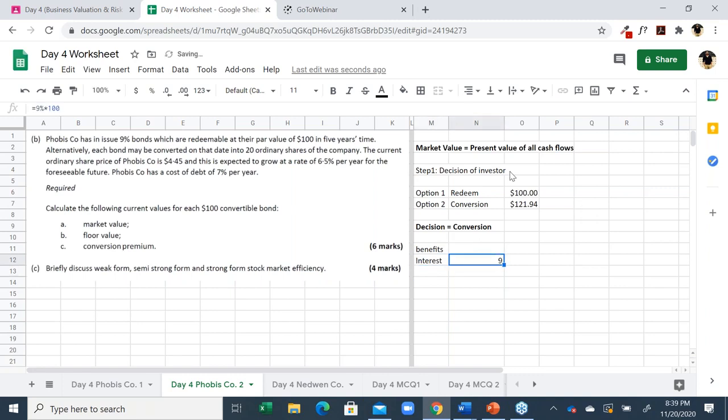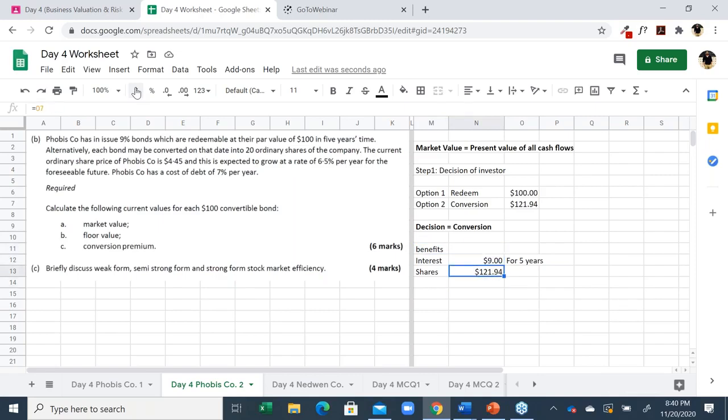So that's going to be one of the benefits, and it will be received for 5 years. Remember, for 5 years it is going to receive this amount, so it is going to be an annuity. Then after 5 years, it will be getting the shares, which will have a value of 121.94. So these are the two types of cash flows.